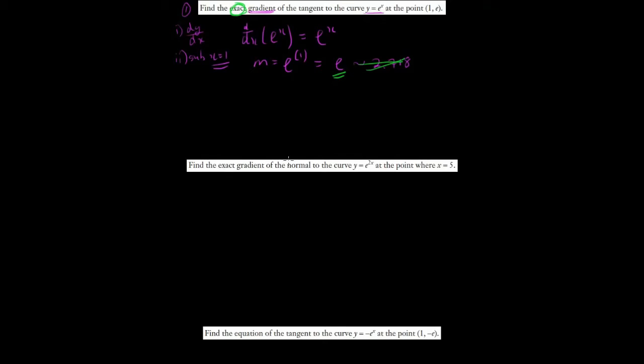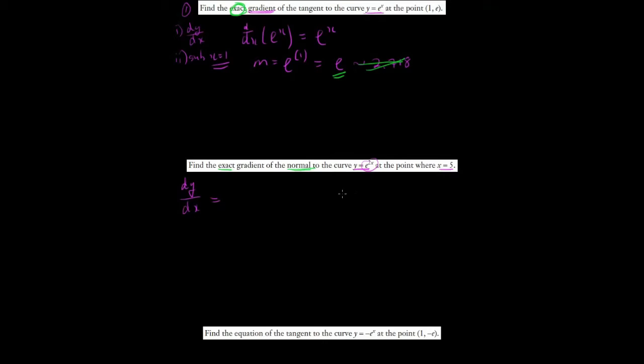Same here. So find the exact gradient of the normal this time. So normal is at 90 degrees to the tangent. So we need to find the gradient of the tangent first, and then we can find the gradient of the normal. Now remember, here they've got the function y is equal to e^(2x) and x is equal to 5. So let's do the derivative first, dy/dx.